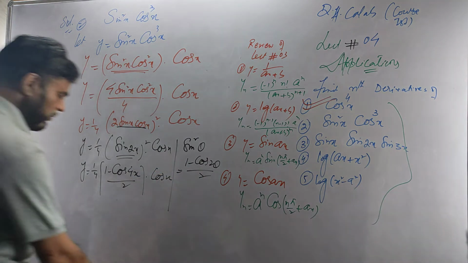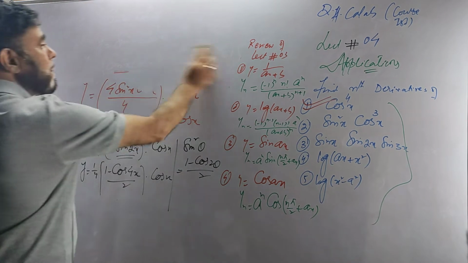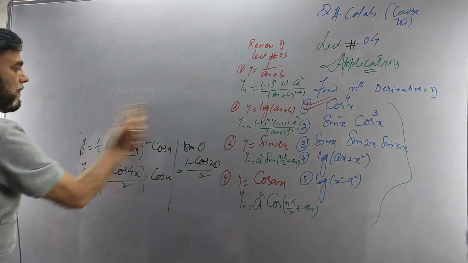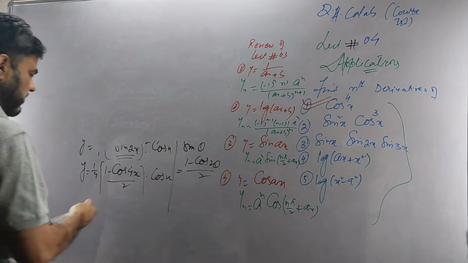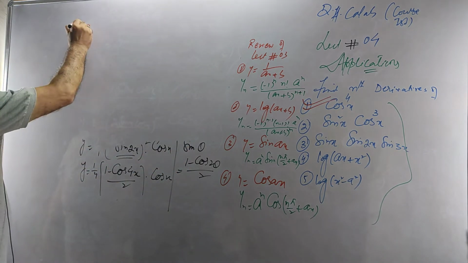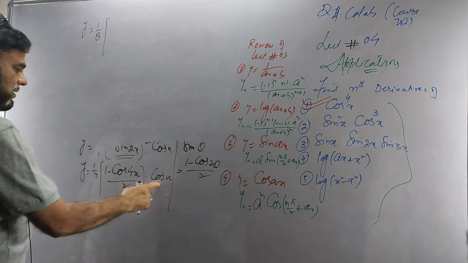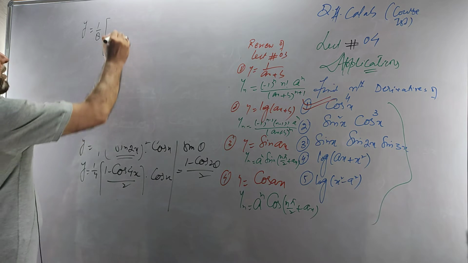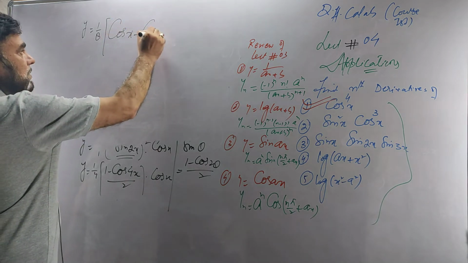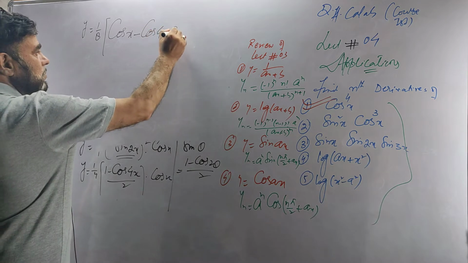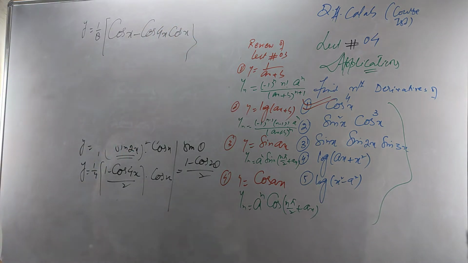Be cautious what I am doing. Well, this result is now y equal to 1 by 8. Take this cos x from right. This is cos x, minus cos of 4x into cos x.